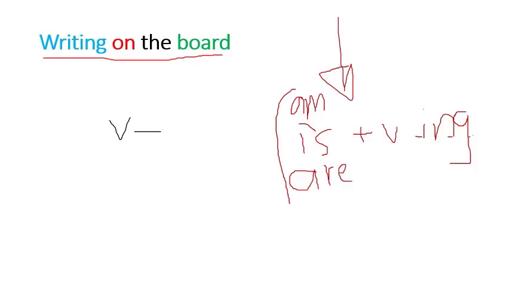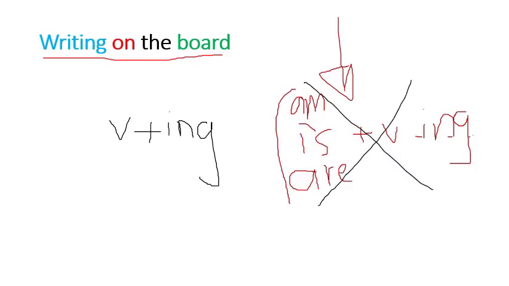So it's better to write it in black. Verb plus ing, for example, after like or love. Never write it with red. Write in black or dark blue, for example. So what about the red? Red is used to highlight, so you can underline or circle something.